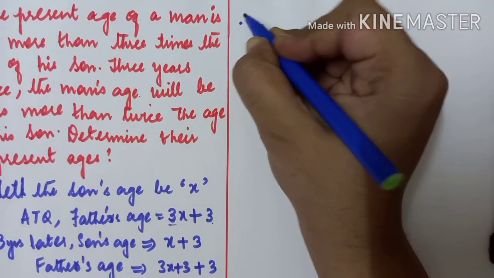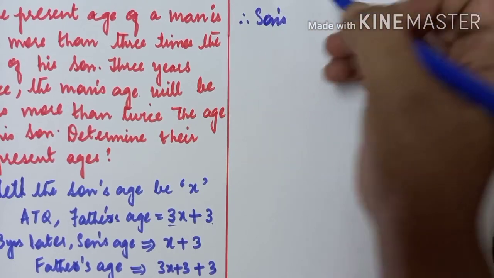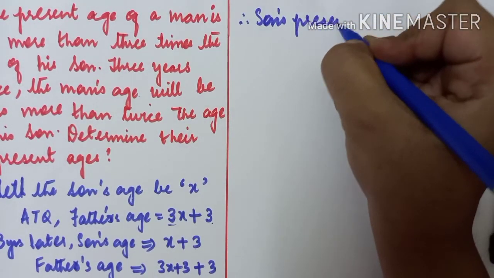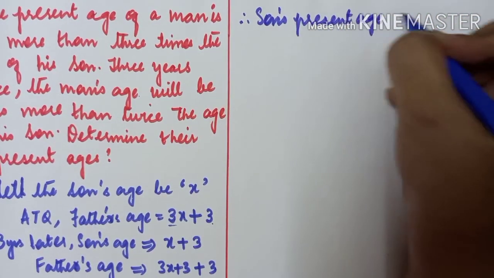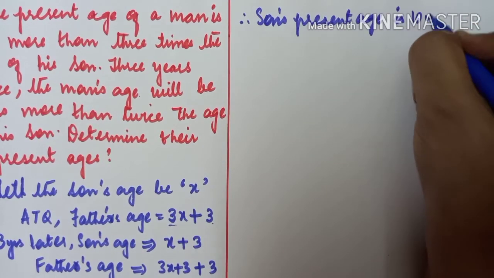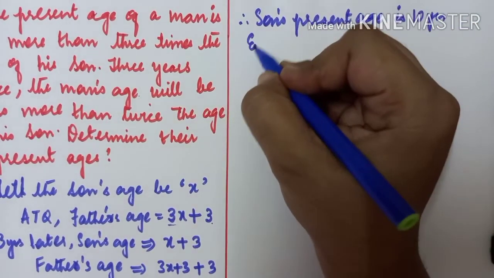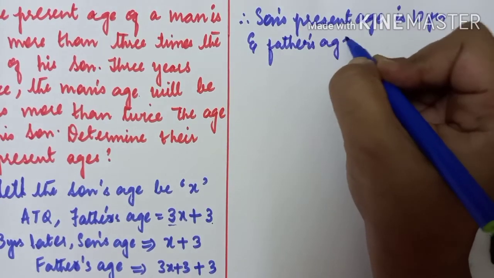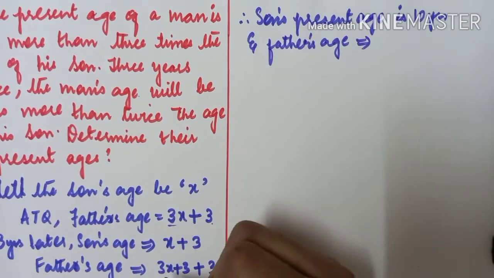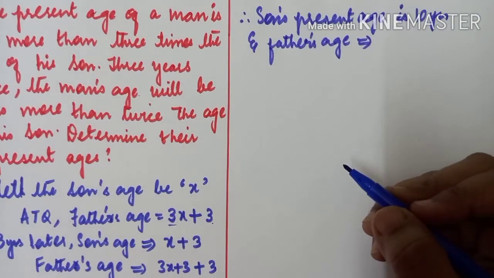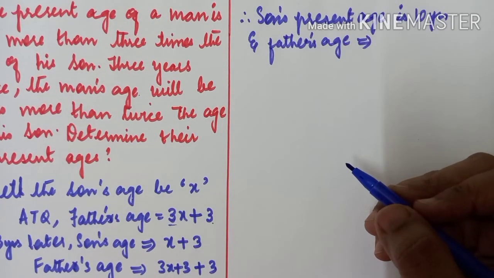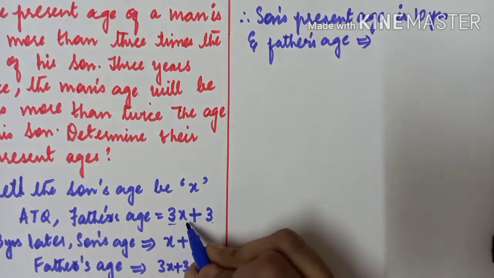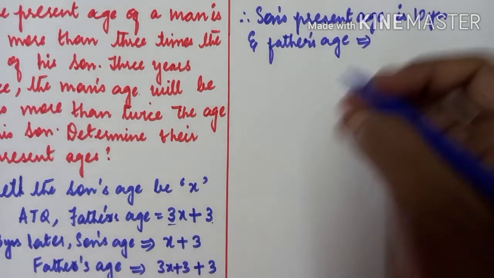So therefore, the son's present age is 10 years. And what about the father's age? We have assumed the son's age as x, which we just got as 10, so 10 years. Now the father's age, we have assumed 3x plus 3.